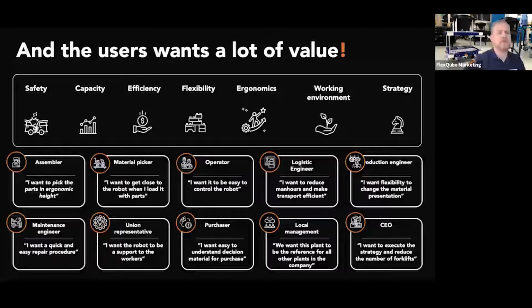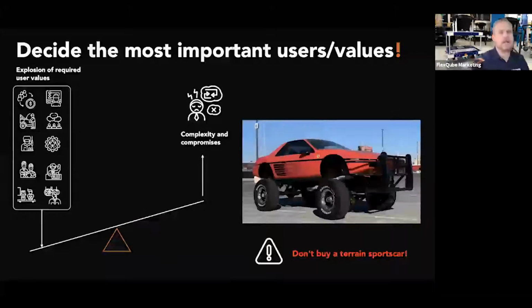So it can be very different types of values that are gathered in the use cases. And this is a real challenge, especially for industrial projects, because what we can see is that a lot of required user values are very easily put into the projects, and there's a risk that we will have this terrain Ferrari again, because we have so many values that we need to fulfill that the outcome of the solution will be a big compromise.